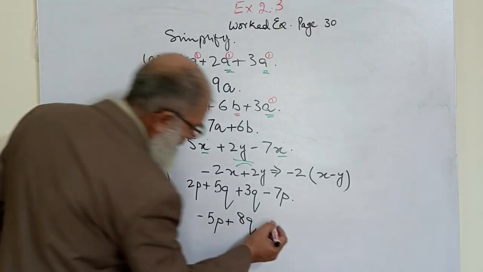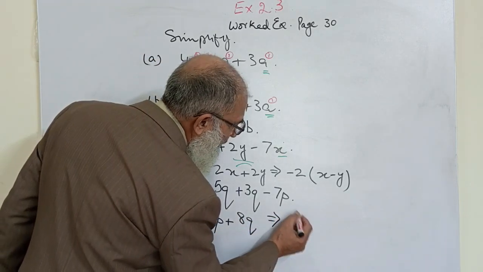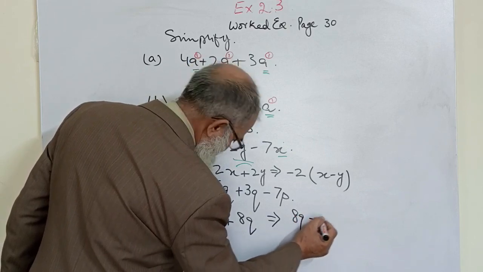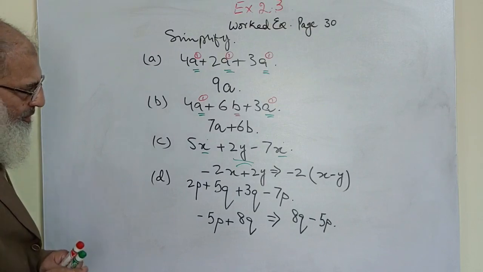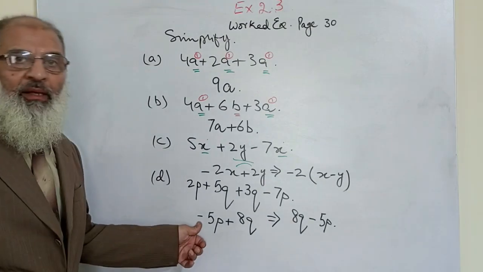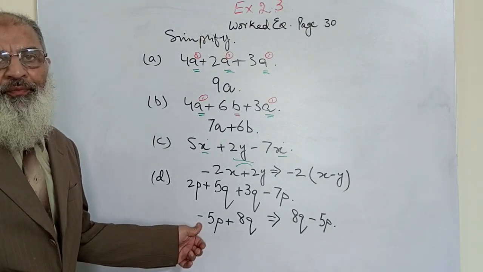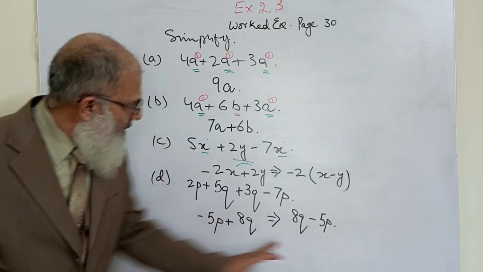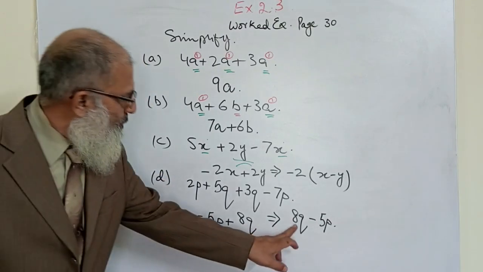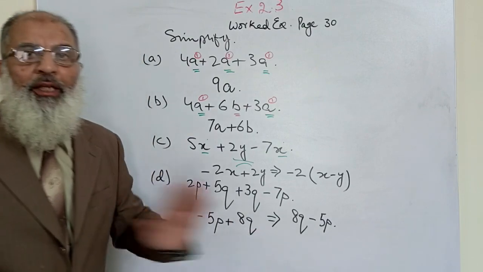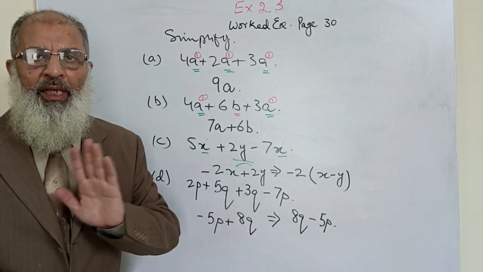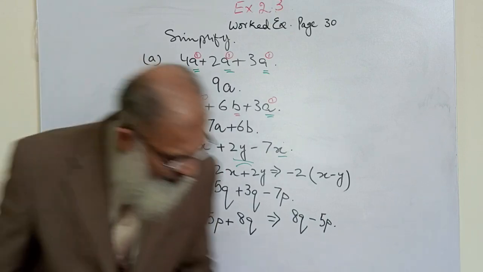You can also write it 8q minus 5p. Sometimes we don't like to have minus in front, so we change this expression to 8q minus 5p. It will make no difference.